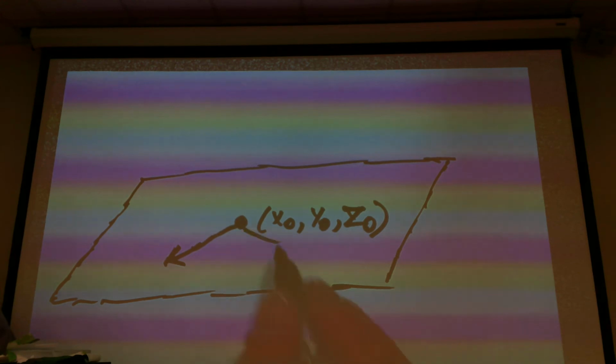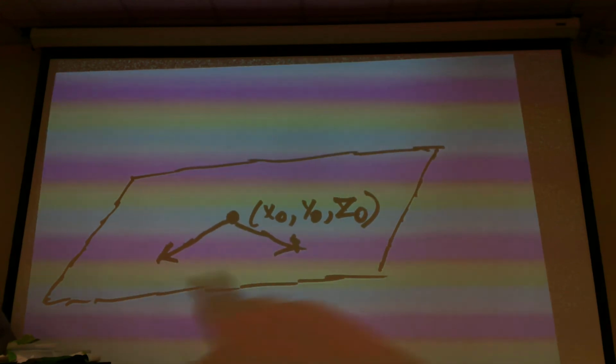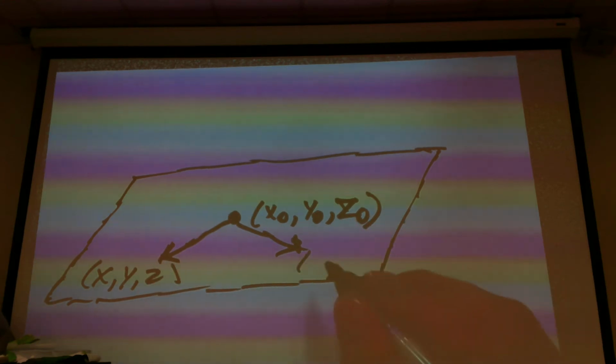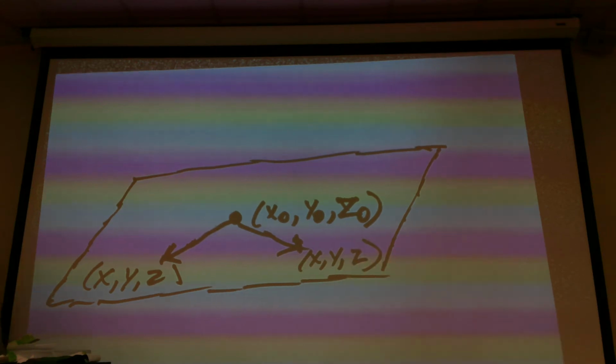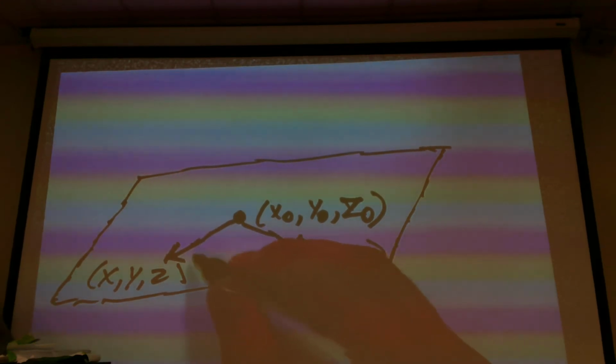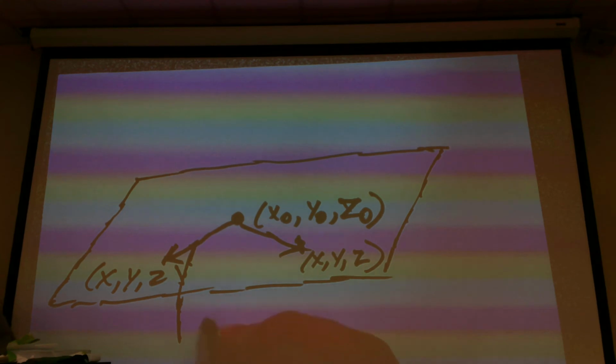Now, any other vector that exists within this plane, let's say this vector or this vector, I can call this one x, y, z. And how would I describe these vectors? Let's say this one right here.